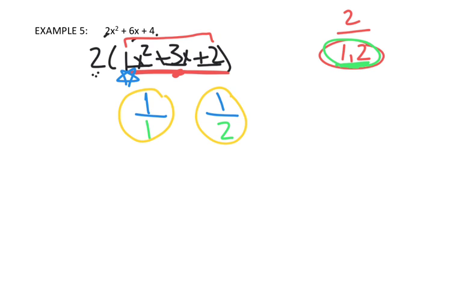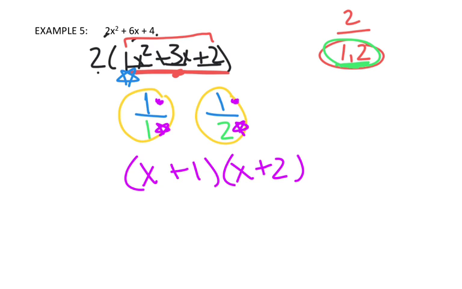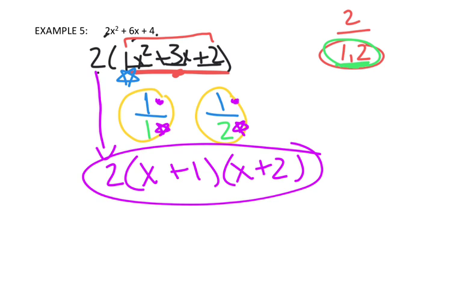So now we'll fill in our parentheses to get our final answer here. So first set of parentheses, the numerator goes with the variable, so 1x. The denominator is your constant, so plus 1. Same thing on the second one. The numerator goes with your variable, so 1x. Denominator is your constant, plus 2. Remember, this one also had a greatest common factor, which was 2, so we'll carry that down in front as well. And this is your final answer.